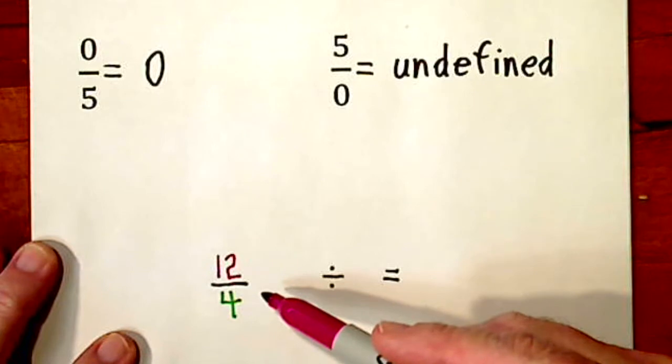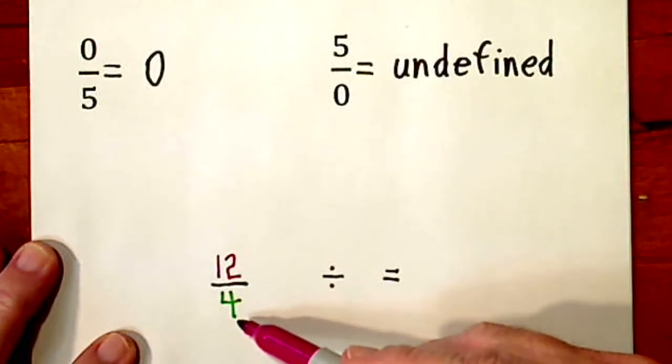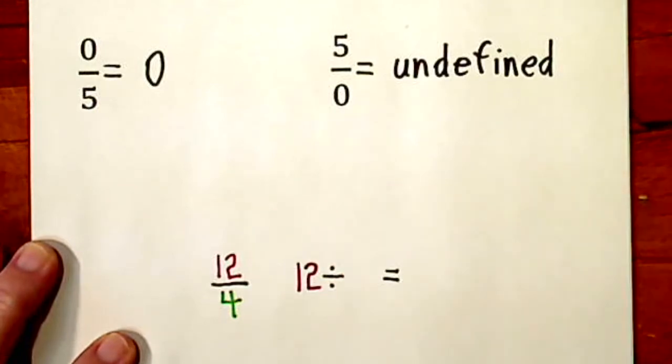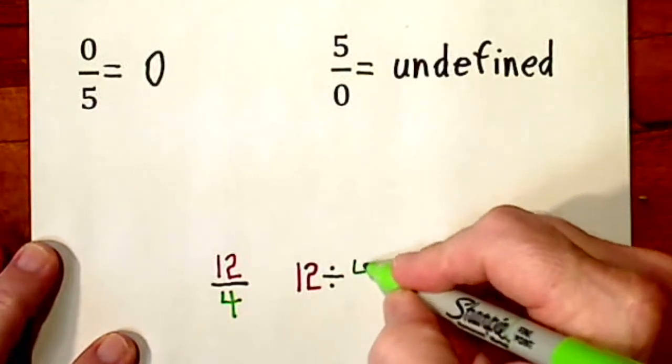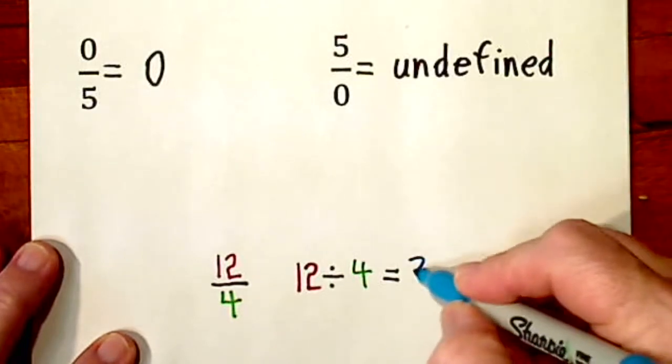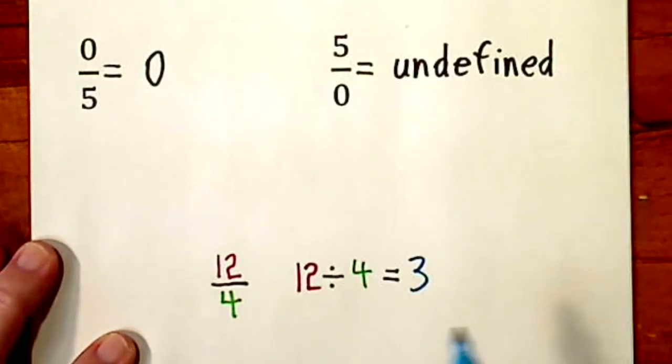So if you're given the fraction 12/4, this is 12 divided by 4. It's equal to 3, but what you might not realize is division is actually defined in terms of multiplication.